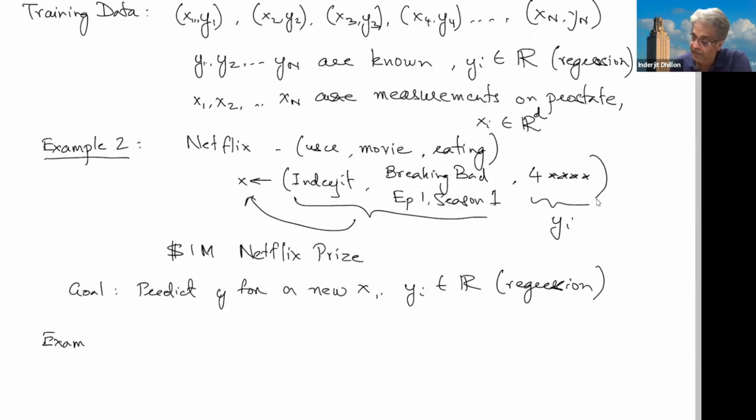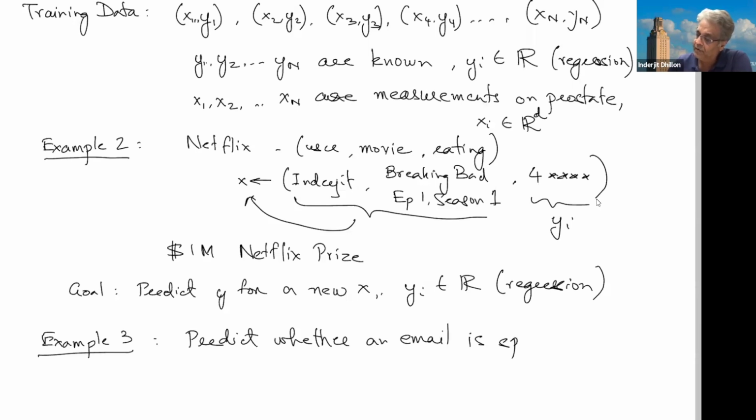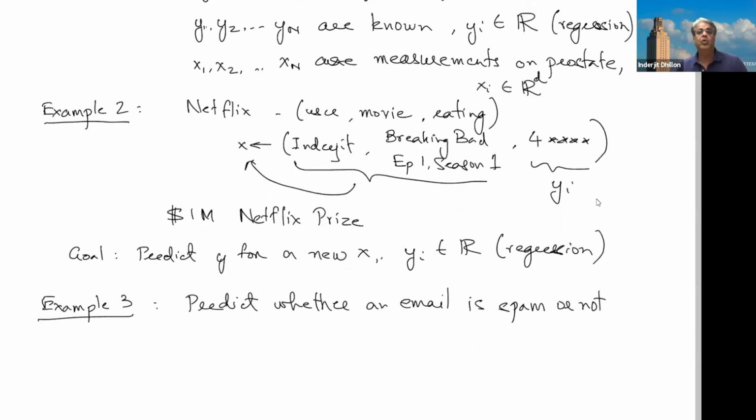Let me give you another example, which is not a regression problem: predict whether an email is spam or not. And whether you know it or not, all the various platforms like Gmail, Yahoo Mail, and so on use some sort of spam filter, because otherwise your email will be overrun by spam, right?